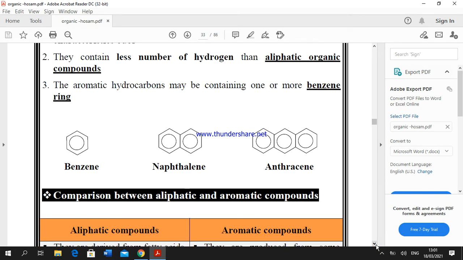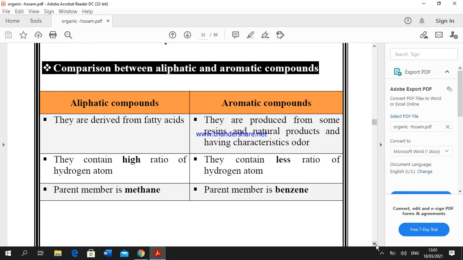So when we make a comparison between aliphatic hydrocarbons and aromatic hydrocarbons, we find that aliphatic hydrocarbons originate from fatty acids, okay? They are characterized by a high ratio of hydrogen atoms in their composition.